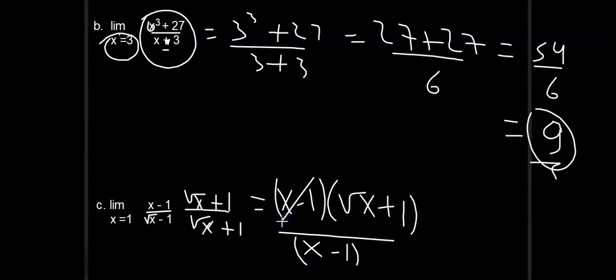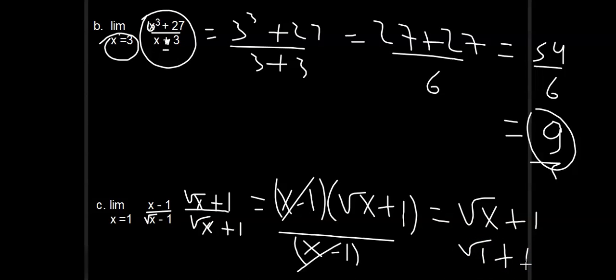When I cancel these things, I'm left with root x plus 1. So now I can substitute this 1 because I'm not going to get 0. I'm left with this square root of x plus 1, and I'm going to substitute this 1. So root x is actually 1.